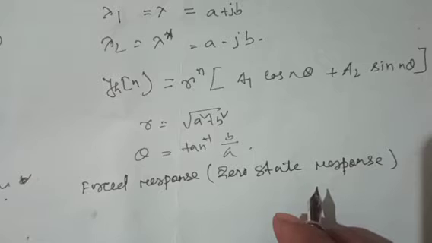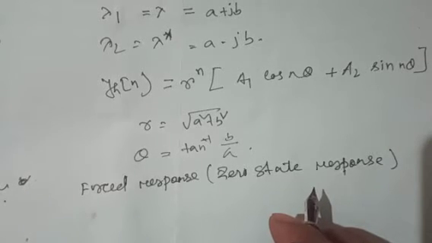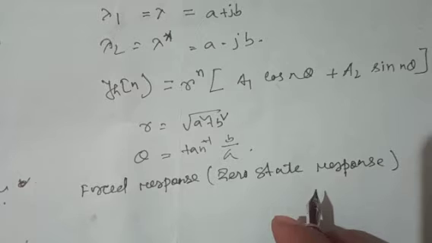So it consists of again two parts: the homogeneous solution and the particular solution. The homogeneous solution can be obtained from the roots of the characteristic equation, and the particular solution is to satisfy the difference equation for a specific input signal for n greater than or equal to 0, because there is no initial condition.